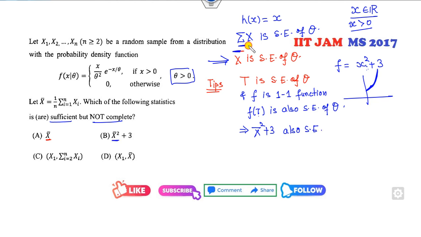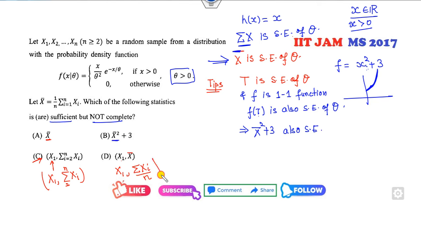Now the summation of the xi's is my sufficient estimator. You can see this is x1 and this summation starts from 2 to n. So clearly this is a sufficient statistic as well. This is the x1, x bar. So how can you write the x bar? I can write x bar in terms of summation xi over n.